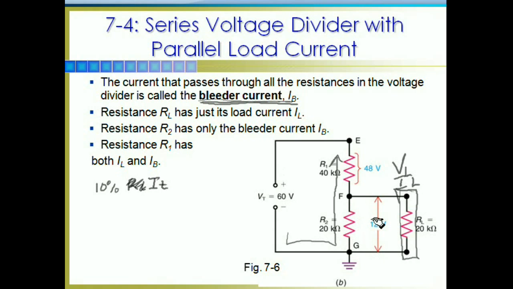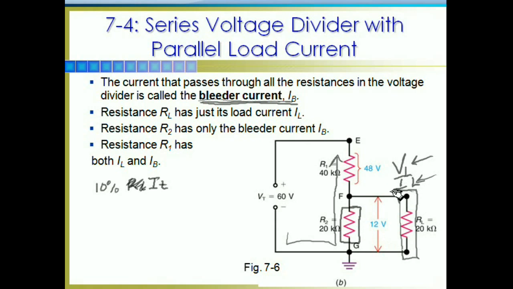So knowing what my total current is going to be is a good idea ahead of time, and that's part of the specification of a design. So I'll know what the load current's going to be, and I know what the voltage requirement of the load is going to be. So that's going to help me select my first resistor in the voltage divider.